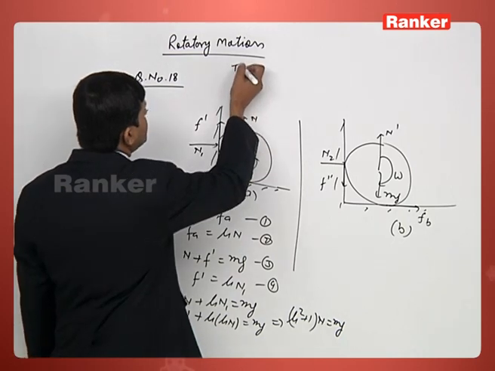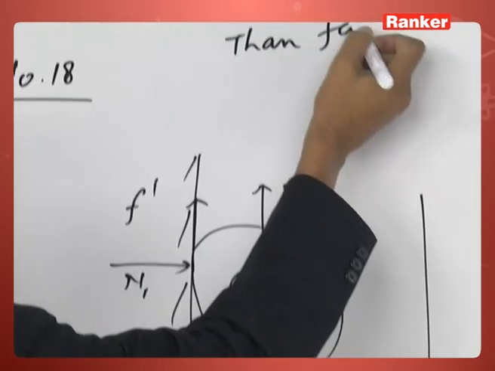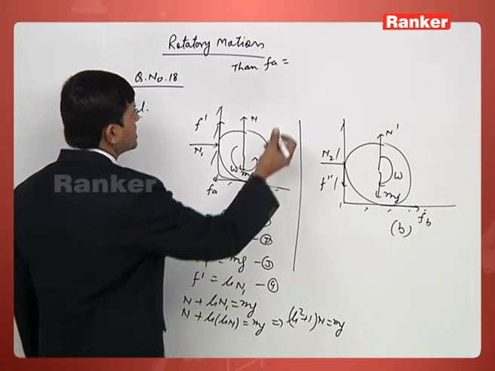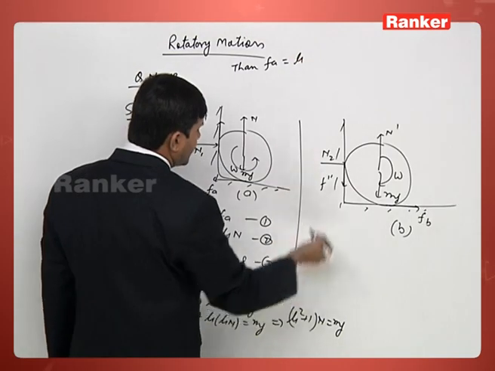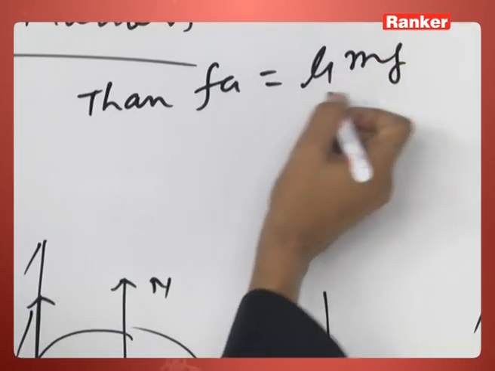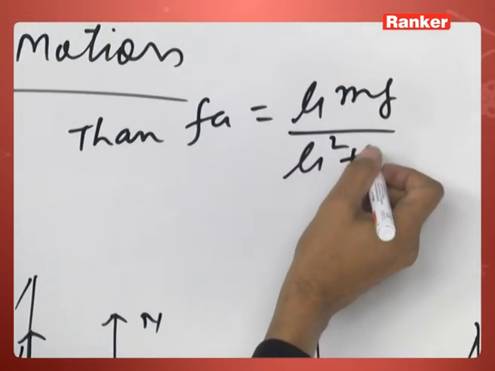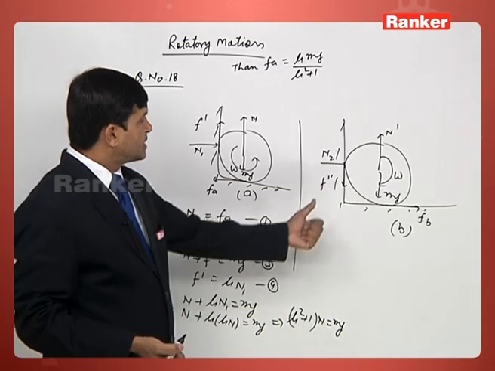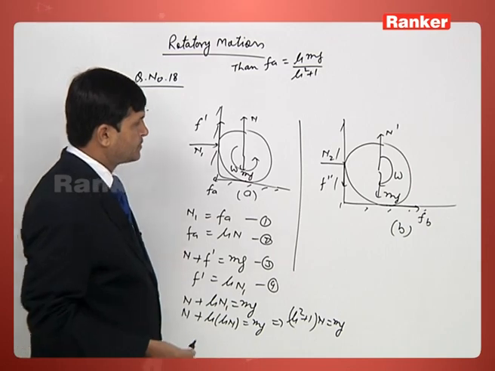Then see the value of Fa. Fa is equal to mu into N, and mu into N is mg by (mu square plus 1). This is the Fa value we are getting. Now see the second diagram.